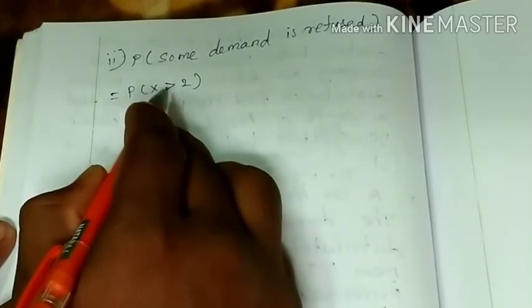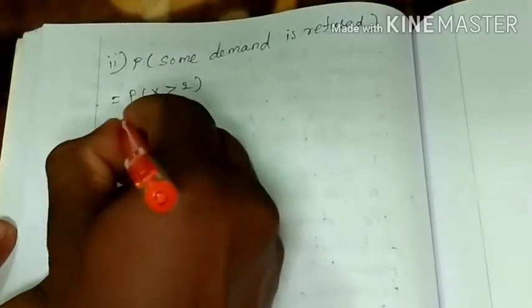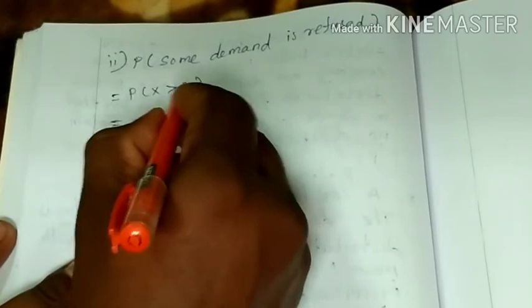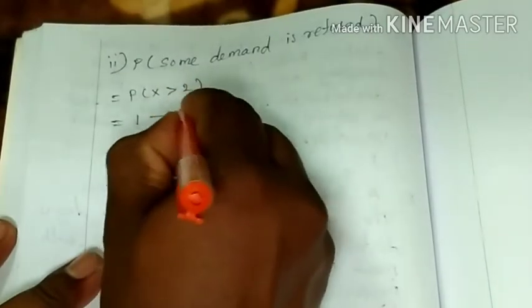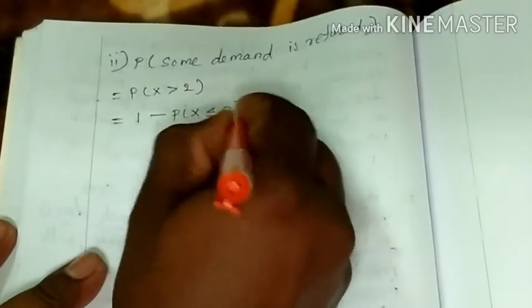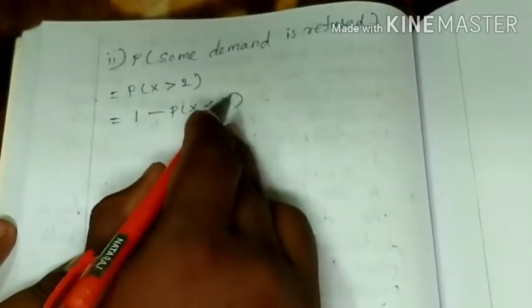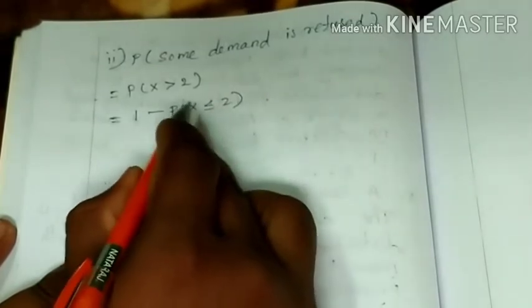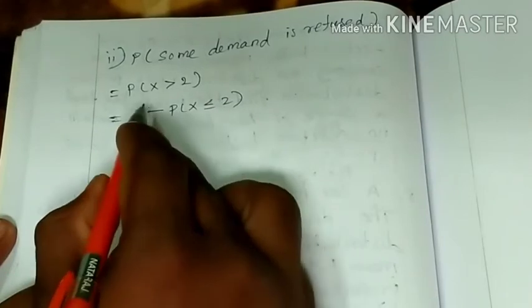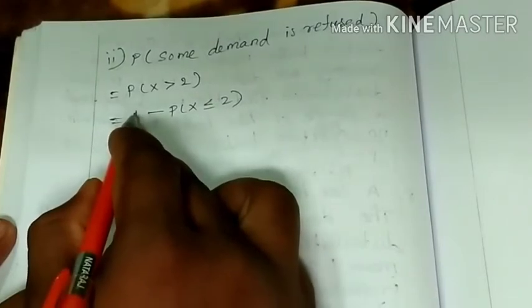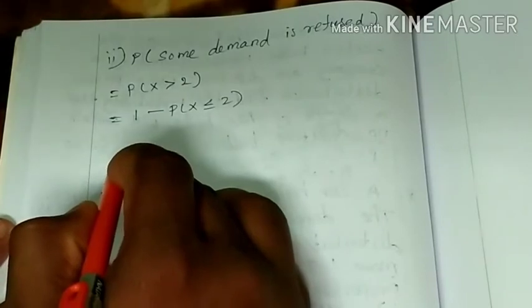So what do we do? P of x more than 2: since the total probability is 1, it is 1 minus P of x less than or equal to 2. First find the probability up to 2, then subtract that value from 1, and we get the remaining answer, the more than 2 answer.